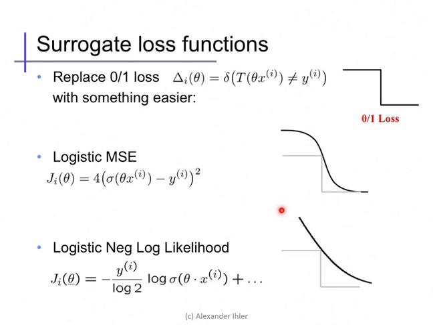So, compared to the logistic mean-squared error, a loss like this, the logistic negative log likelihood, will tend to penalize very wrong examples much more than something like the mean squared error where the loss saturates. We can also see from its shape that it's a convex loss. So the sum or average of these shapes will also be convex. In contrast, the logistic MSE is a non-convex loss.